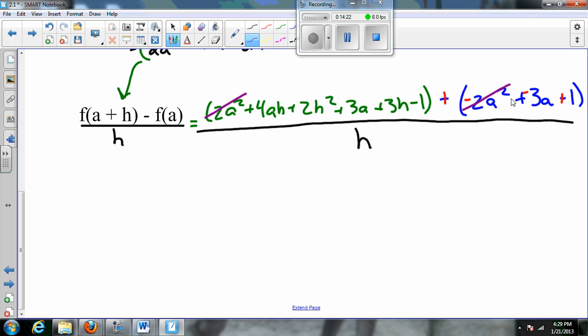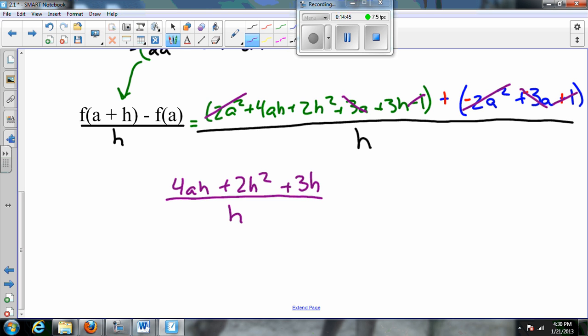We have a positive 3a and a negative 3a, so those cancel. And we have a negative 1 plus 1, so those will cancel. So we are left with 4ah plus 2h squared plus 3h all over h.